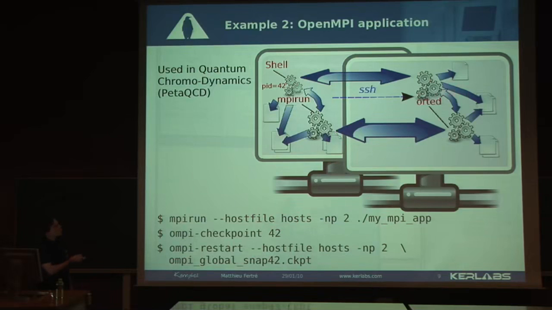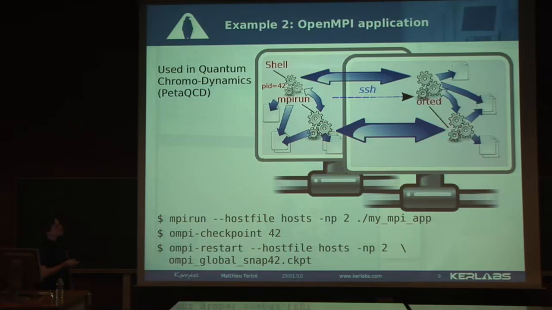On the other nodes, some orted process will be started. And then mpirun and orted will fork and execute your computation process. Then your computation processes will communicate together through the MPI layer.